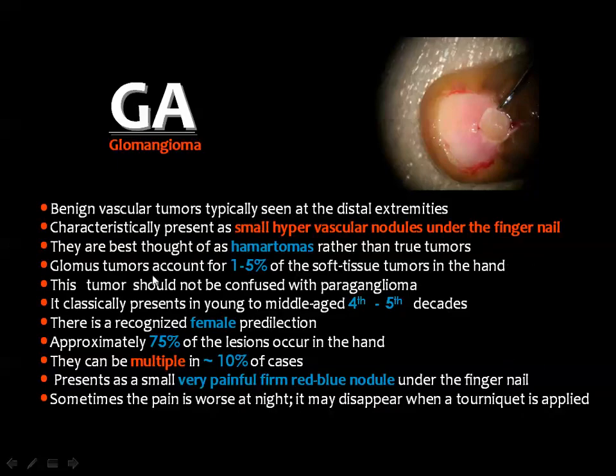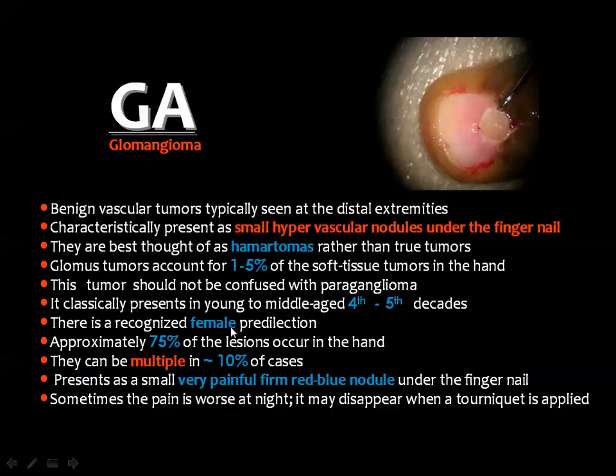And the incidence rate is about 1 to 5% of the soft tissue tumors in the hand. Then this tumor should not be confused with the paraganglioma, like the glomus jugular, glomus vagal, and the carotid body tumors, and so on. These are paragangliomas, but the glomus tumor we mean by this subungual vascular lesion.